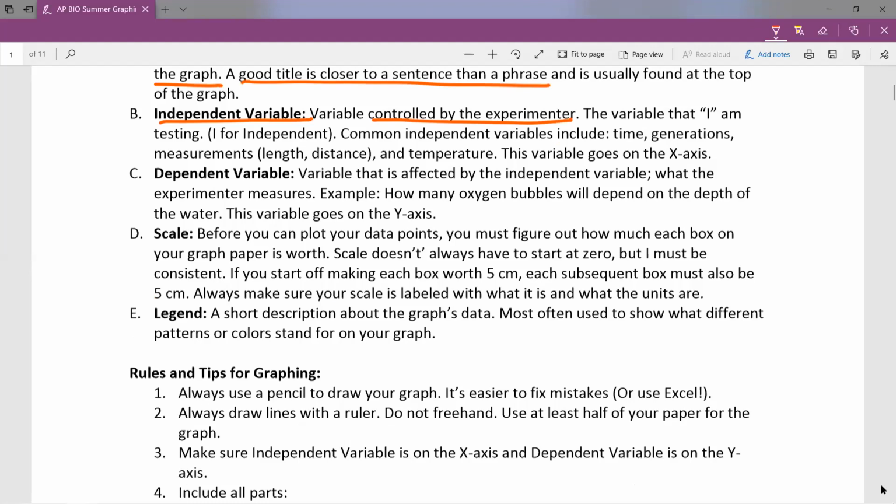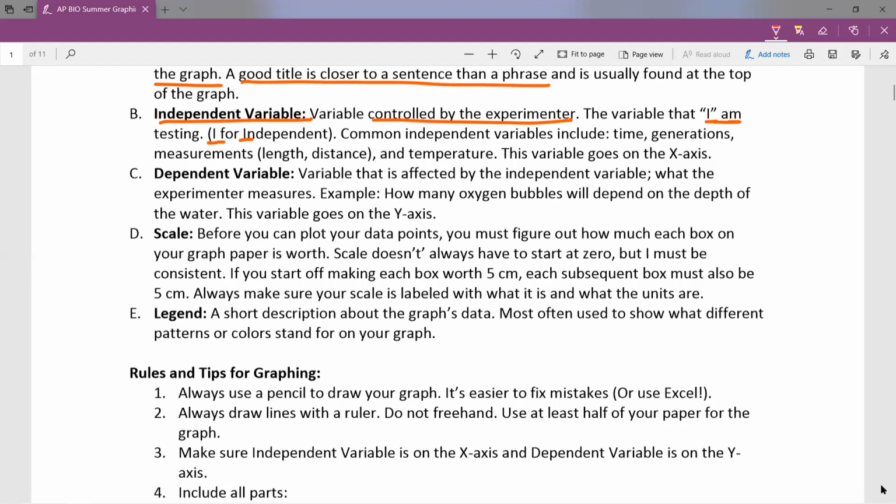Okay, I haven't seen this before. It might help you. The variable that I am testing, I for independent. I'm sure that's not why it's called independent, but that's a good way to remember.